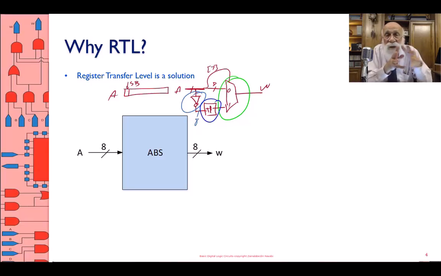So see how I did this absolute value circuit. The way I did it was I said that I'm not going to look at the gate level logic. I'm going to look at it from a more abstract point of view. I will look at the algorithm that I would use for doing this. And the algorithm tells me, look at the sign bit. The sign bit selects either A or A complemented plus 1.